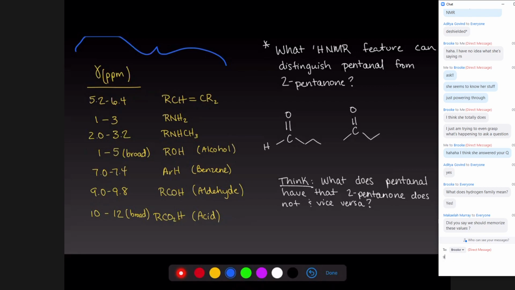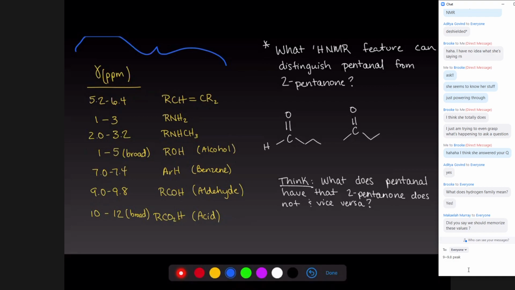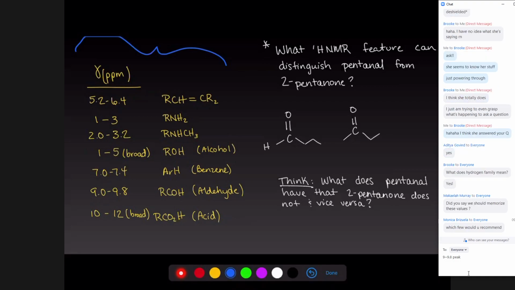I would say memorize a few of those and have them down so that you're not trying to think of it on the spot as you go through the test. So I'll give you guys a second to think about that.